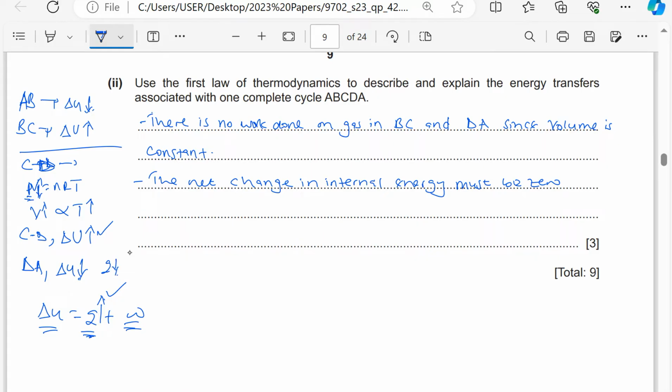But because the total change in internal energy must be zero, then it means what? The energy transferred in C to D must be greater than the energy transfer in B to C, so that the total change in internal energy is zero. So there must be an overall input of thermal energy into the gas.